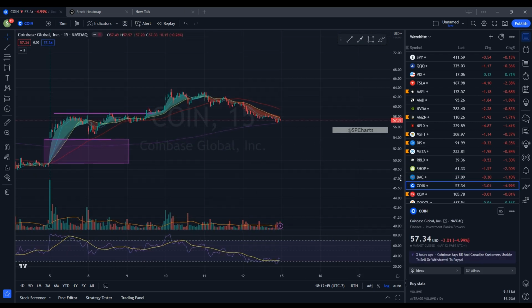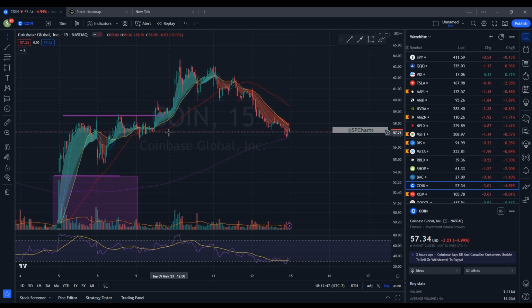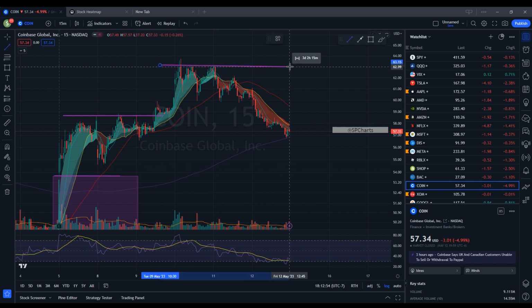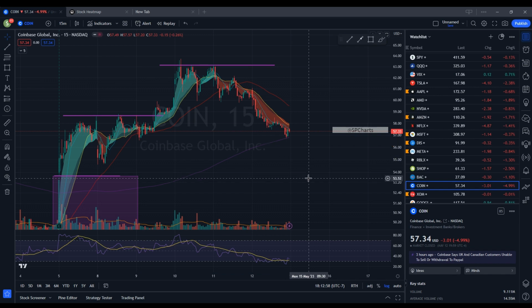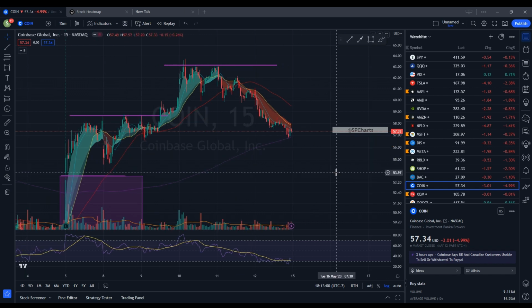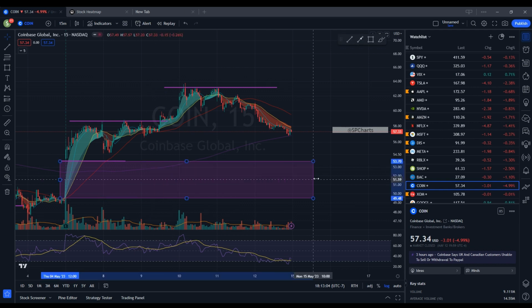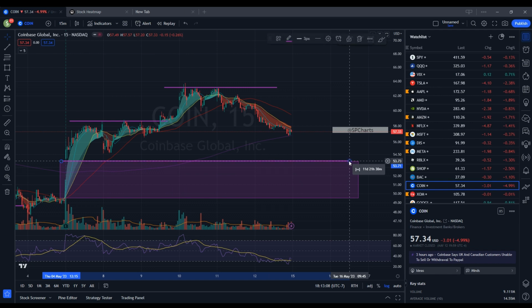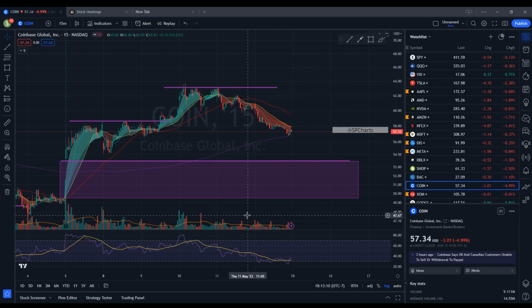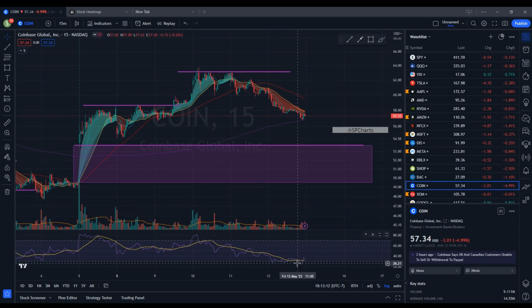Okay, coin. Coin we've played a few times. So let's see what we got here. Definitely a resistance here. For its support, I'm gonna extend this gap fill because it's at the bottom of the RSI, so I don't think it goes too far down.